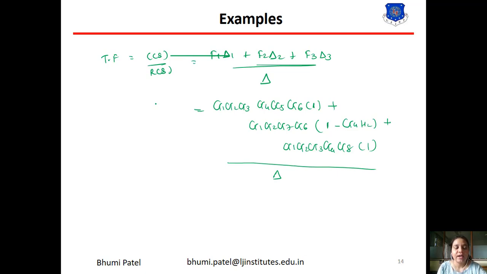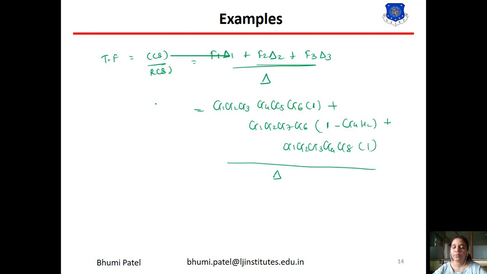The equation of delta is 1 minus summation of individual loops plus summation of 2 non-touching loops minus summation of 3 non-touching loops, and then the next step is to find delta 1, delta 2, delta 3 according to the number of forward paths.